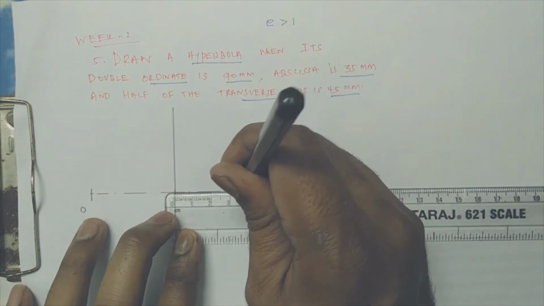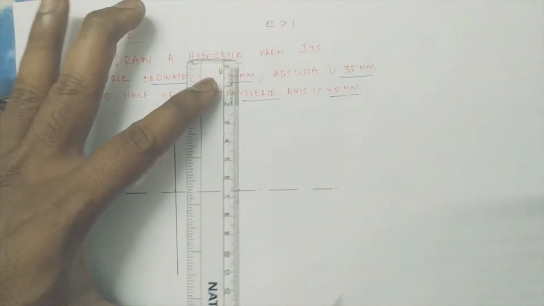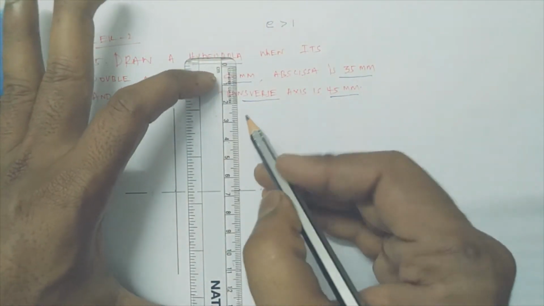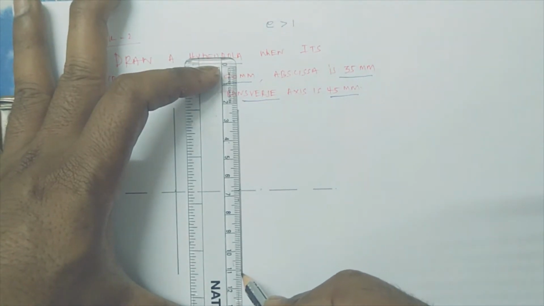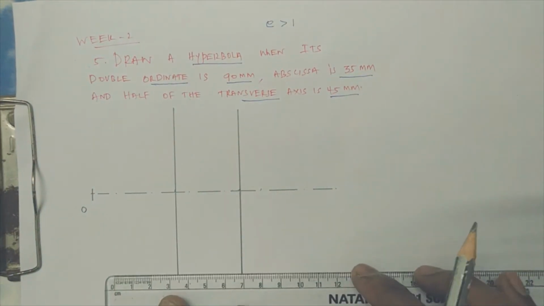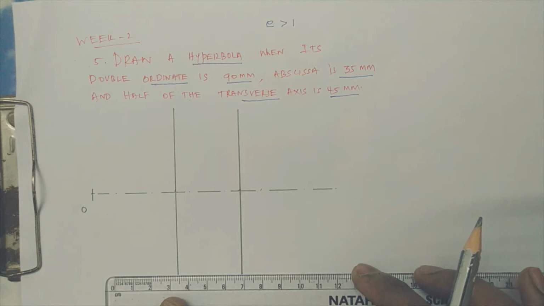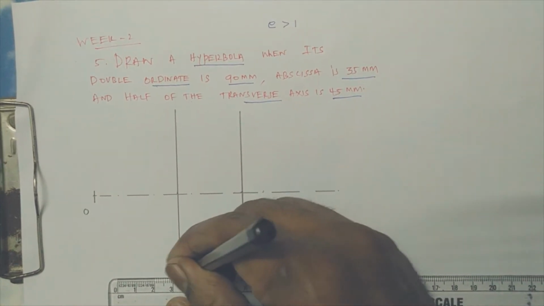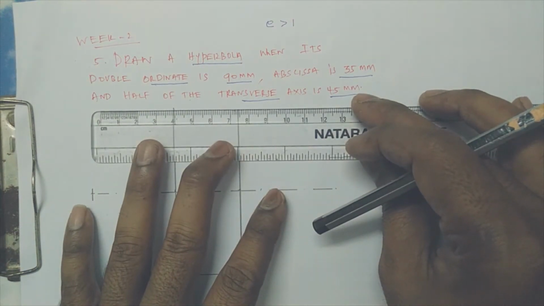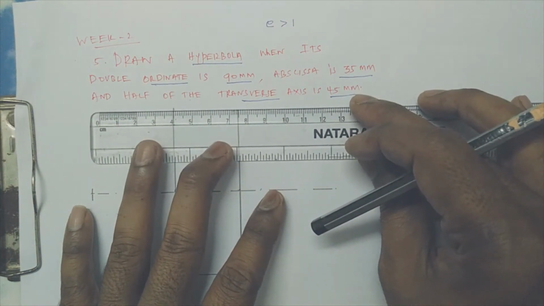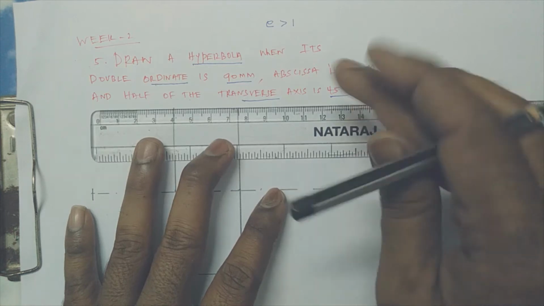Let it be 35. Draw on the vertical line and connect all the points.